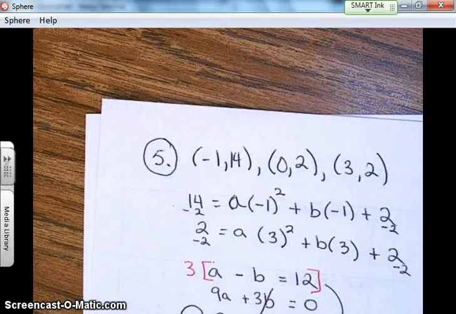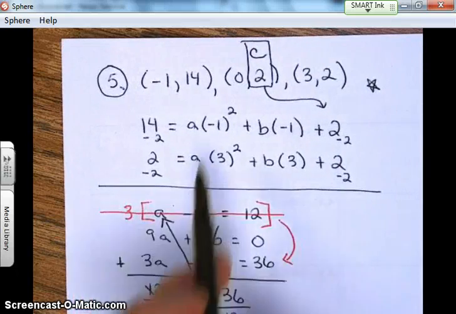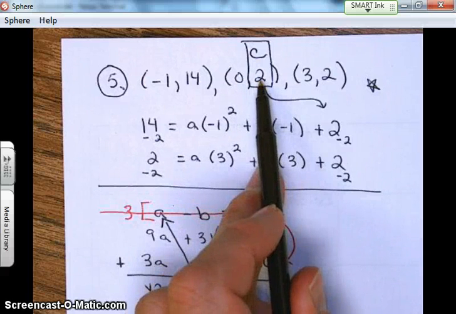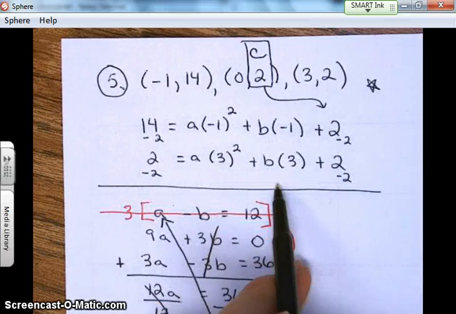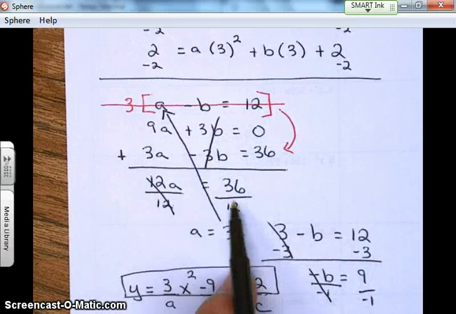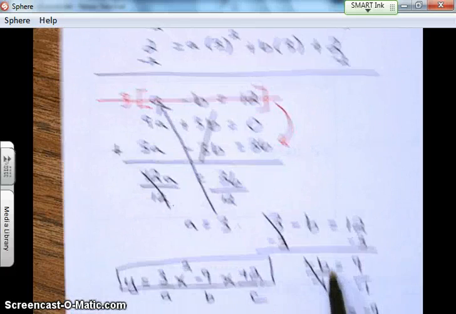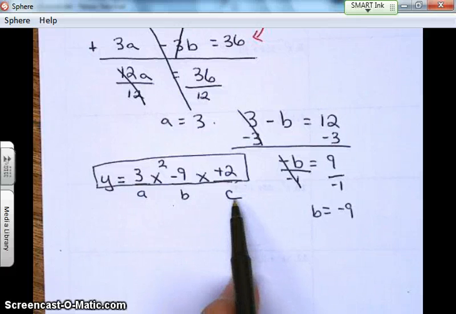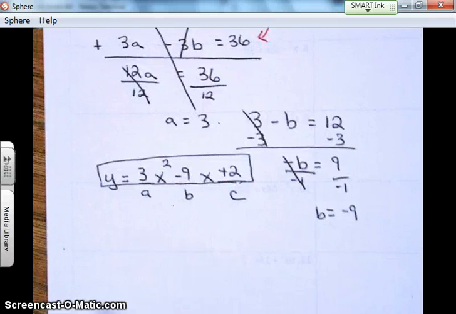So if you'll recall on number 5, the one that we did together, let's do this one, where we're given the y-intercept, writing the two equations, then eliminating one of the variables and solving for a and plugging it back in to a and solving for b, and we already know what c is. So anyway, if you need a review on this, please go back and watch my video.